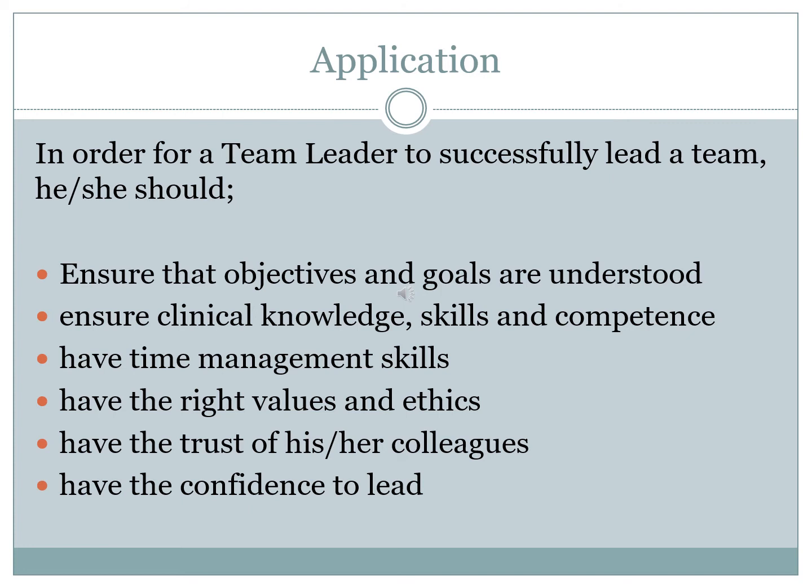So make sure that the objectives and the goals are understood. Ask for feedback, ask your team questions indirectly or directly for you to assess if they really understand or have full knowledge of what the objectives and the goals of this activity are.